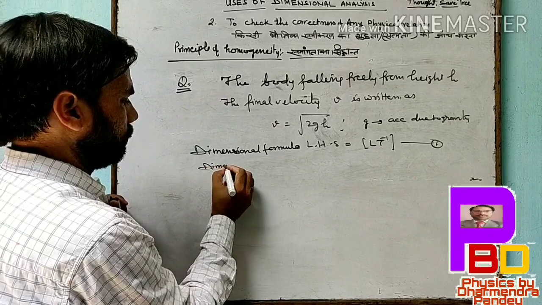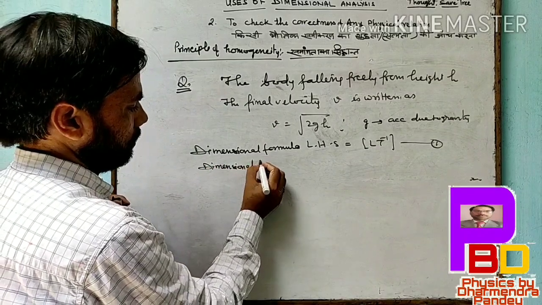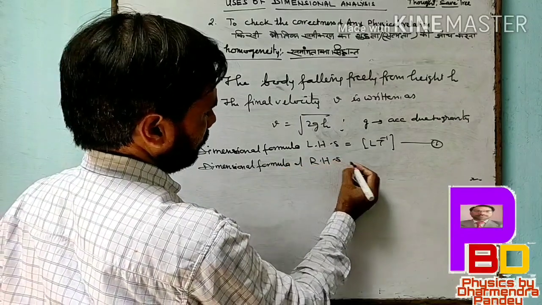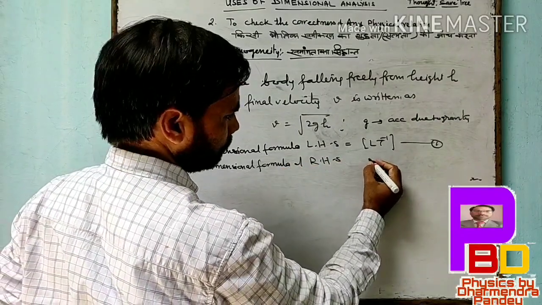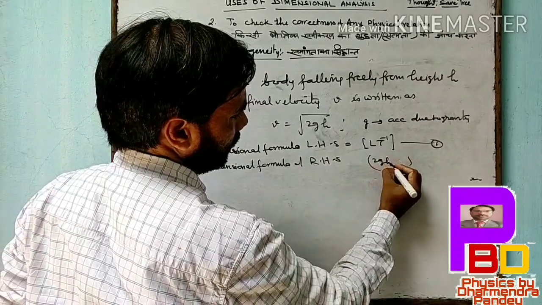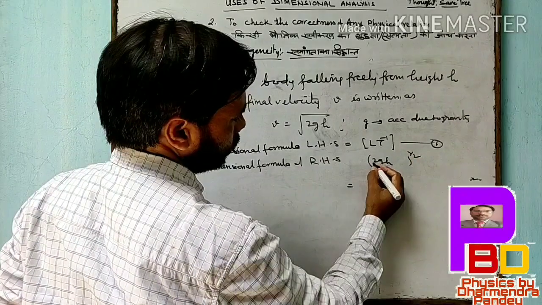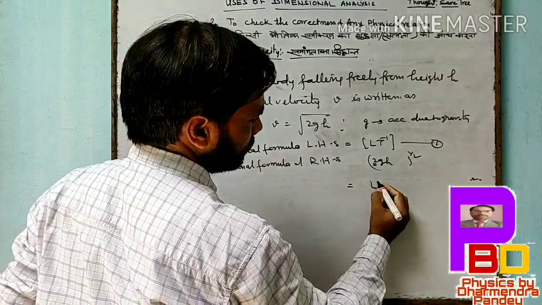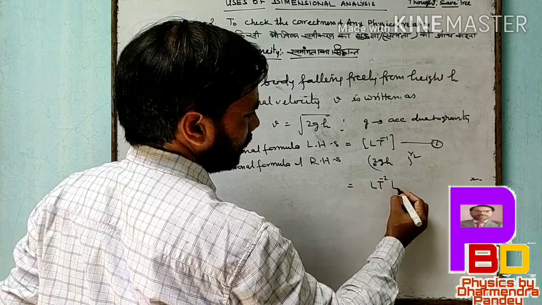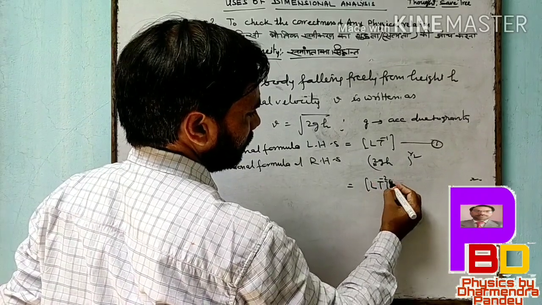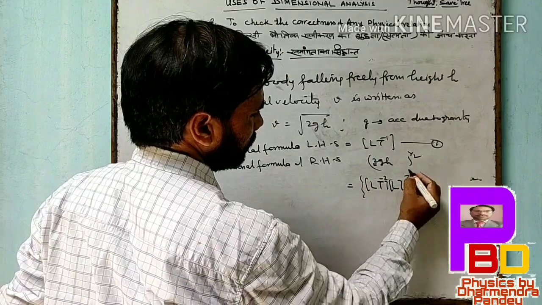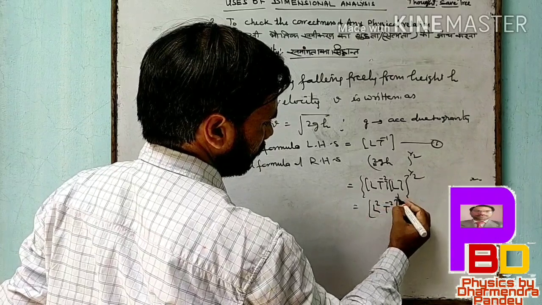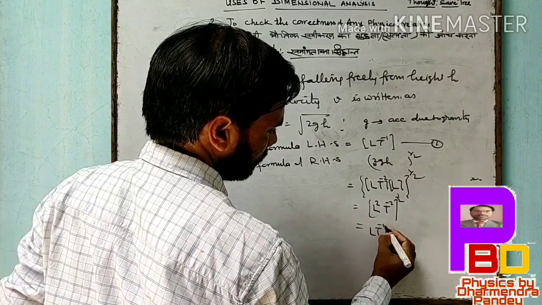Dimensional formula of the right hand side, that is (2gh)^(1/2). 2 is dimensionless, it is a number, and g has dimension LT^-2 and h has dimension L, and then take the square root: (L^2 T^-2)^(1/2), that is LT^-1.